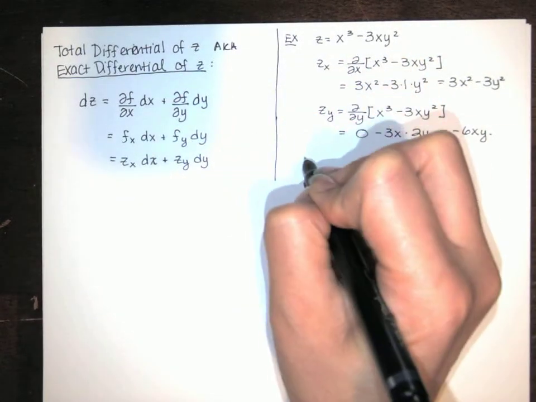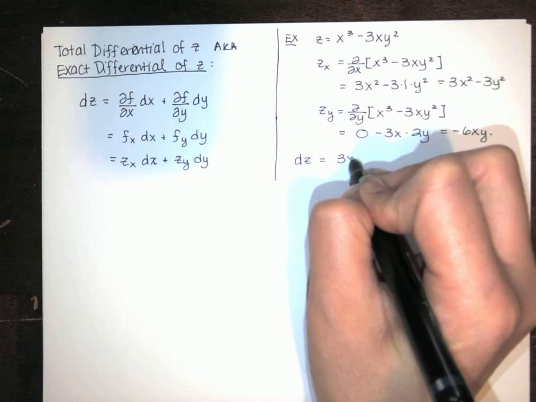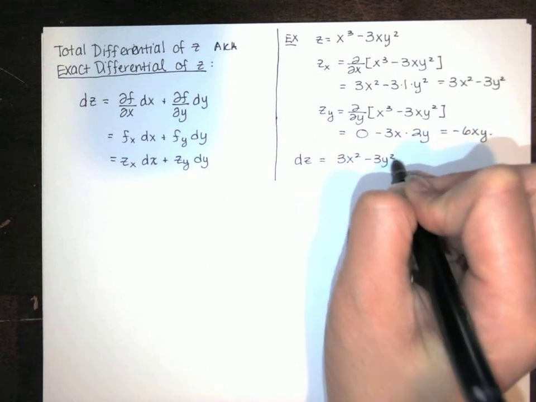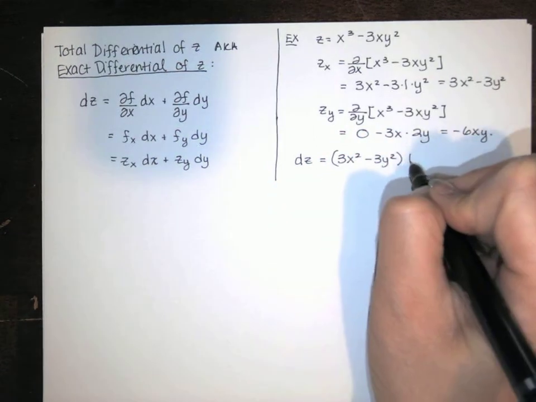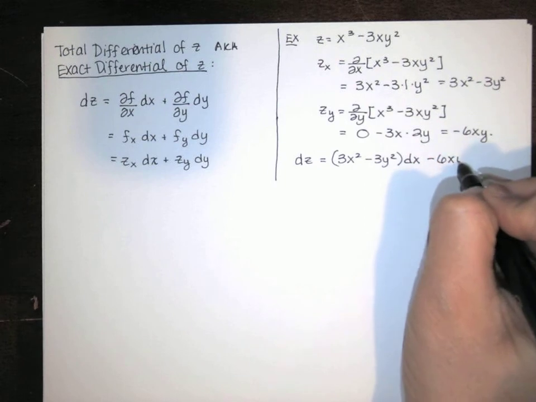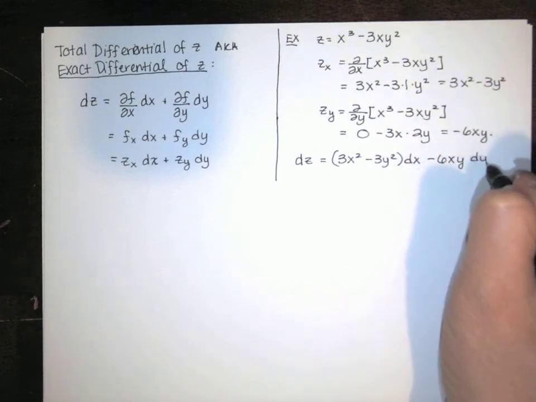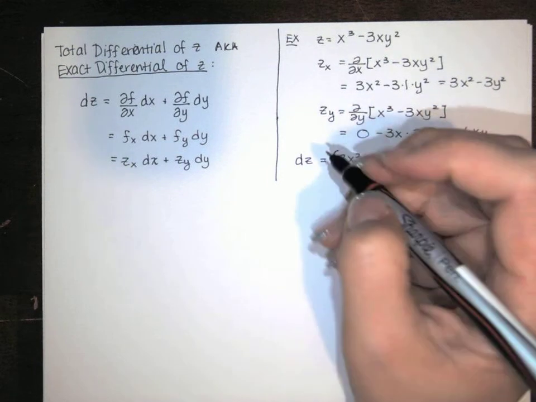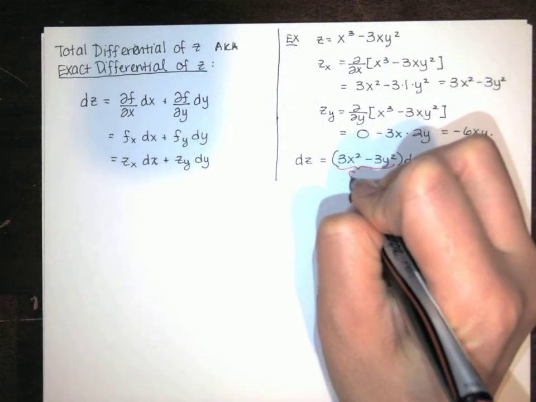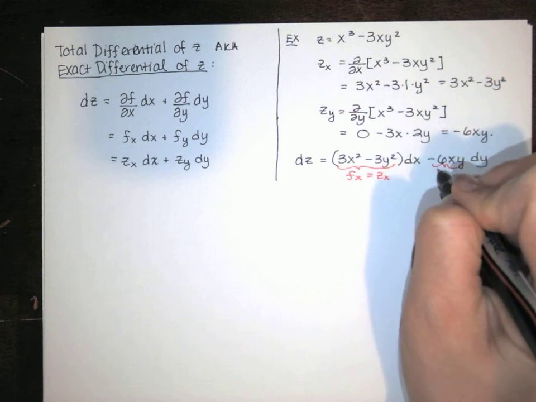So we put those pieces together. The total differential of z is 3x squared minus 3y squared, that's the partial with respect to x, times dx, plus the partial with respect to y, times dy. So this is f sub x or z sub x, however you want to represent it.